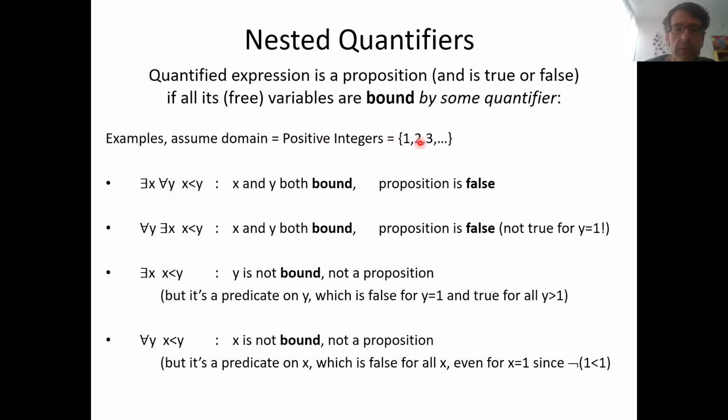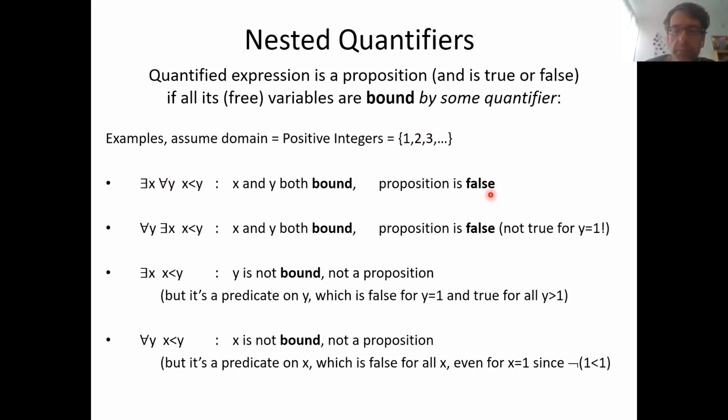The domain is 1, 2, 3. Is it true that there exists an x such that all elements in this domain are greater than it? Well, first of all, x and y are both bound, so this is a proposition. It is either true or false. It is a proposition and it's false.